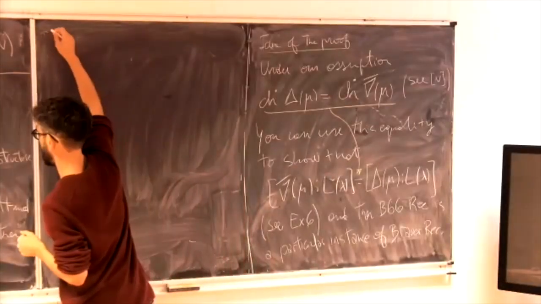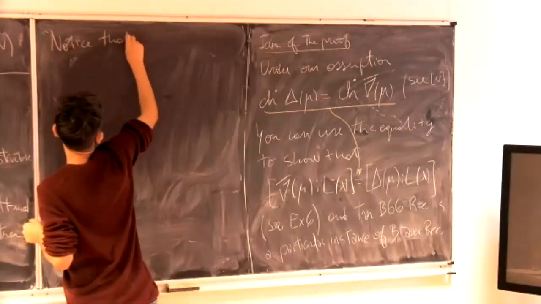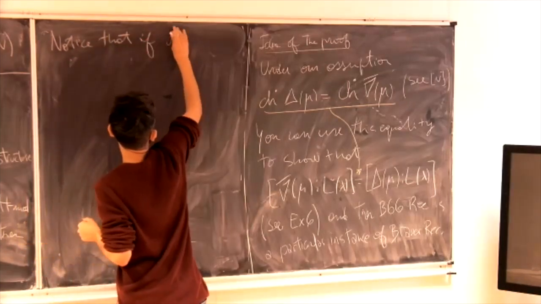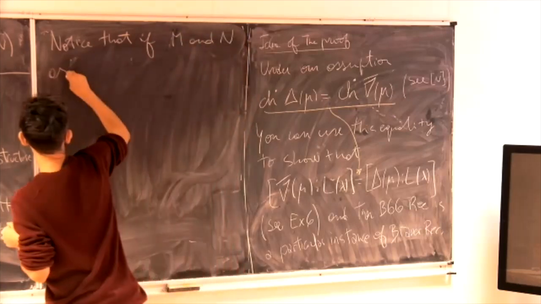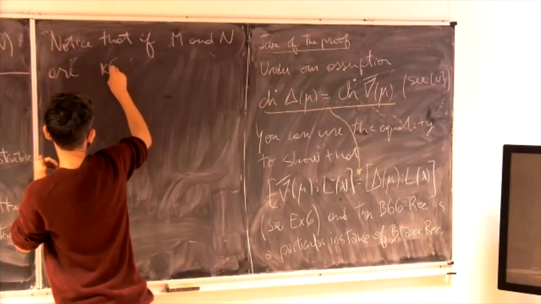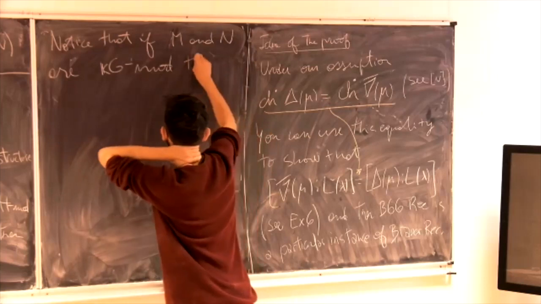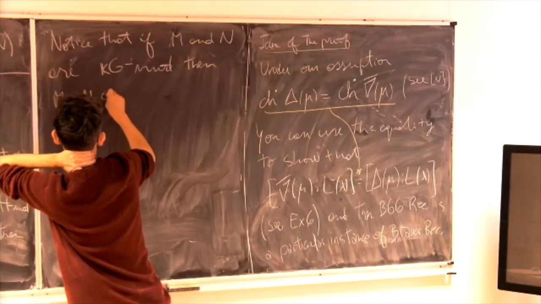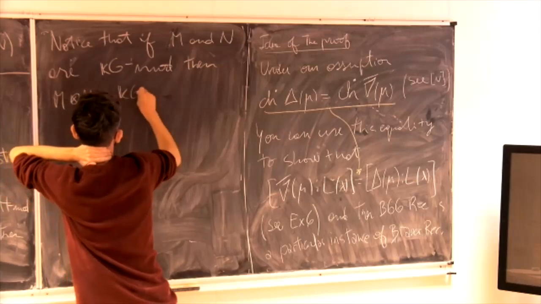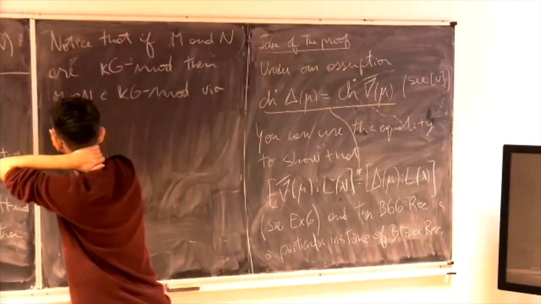Notice that if M and N are modules over the group algebra, then M tensor N is also a module via the diagonal action.